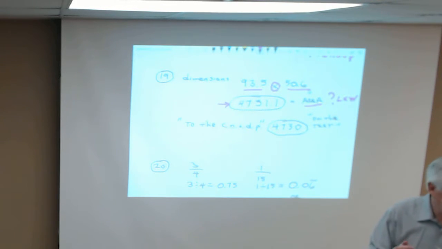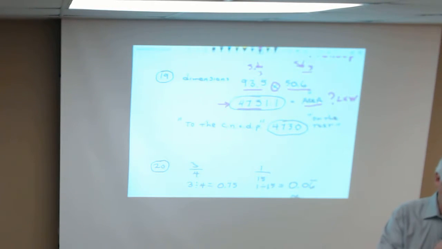4,731.1. Except on the test, it's going to say to the correct number of decimal places. And how many significant digits here? 3. How many significant digits here? 3. So how many significant digits in my answer? 3.